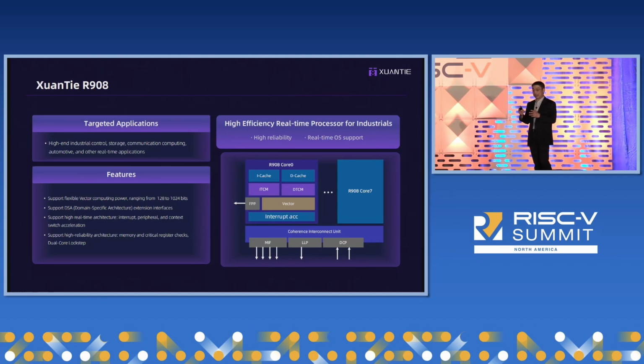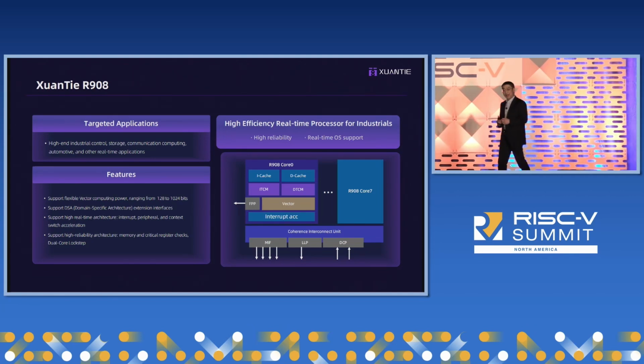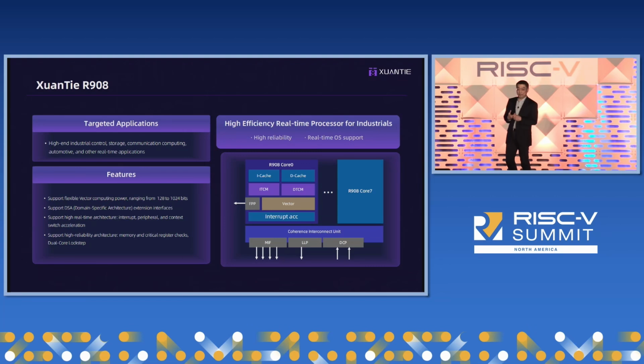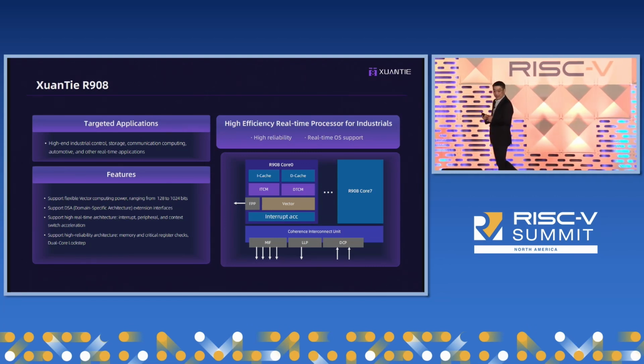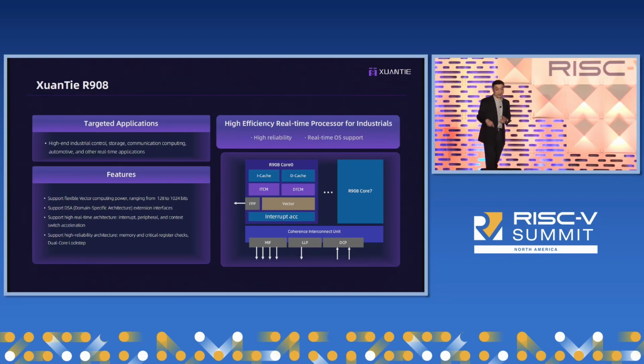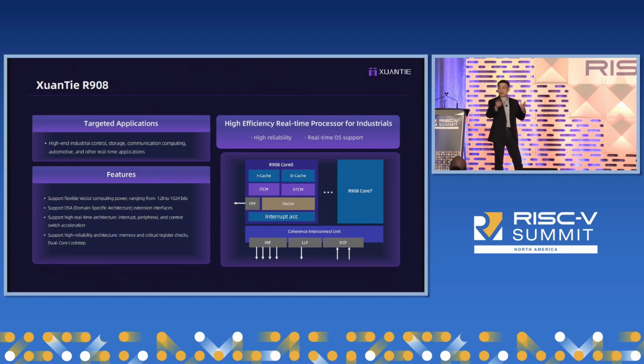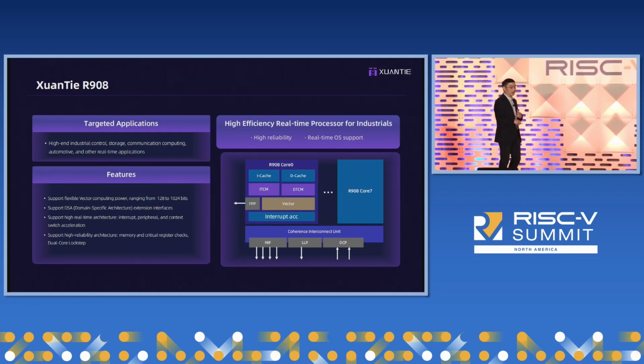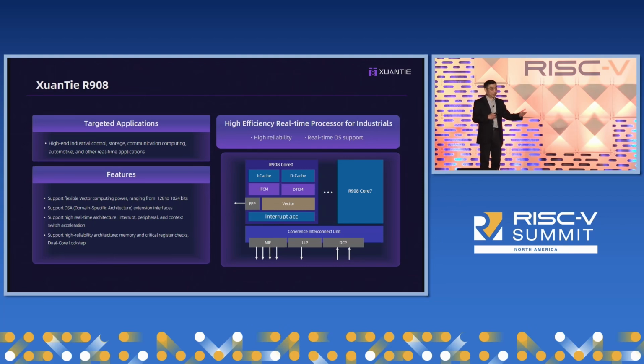This machine is targeted at high-end industrial applications, for example, storage, communication, and computation. On the right-hand side, you can see the diagram, pretty much the same as on the previous slides, but with high reliability and real-time OS support. It includes vector computing engines as well.